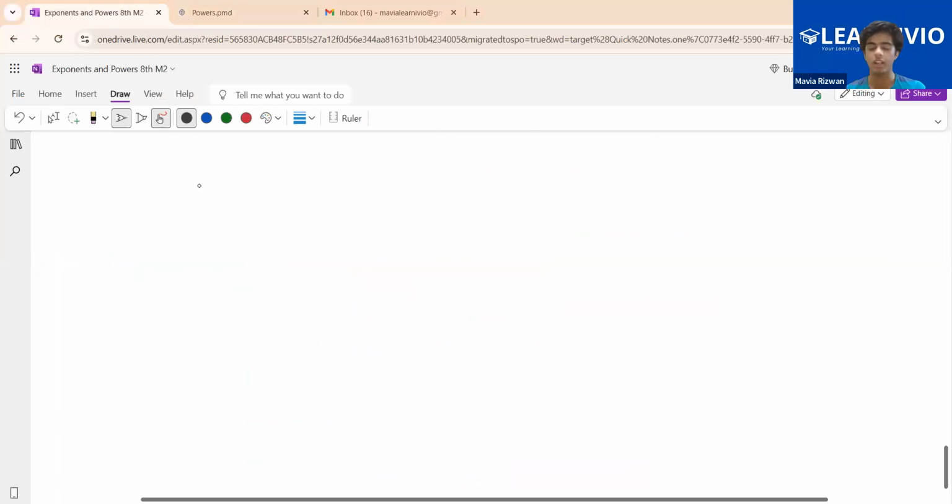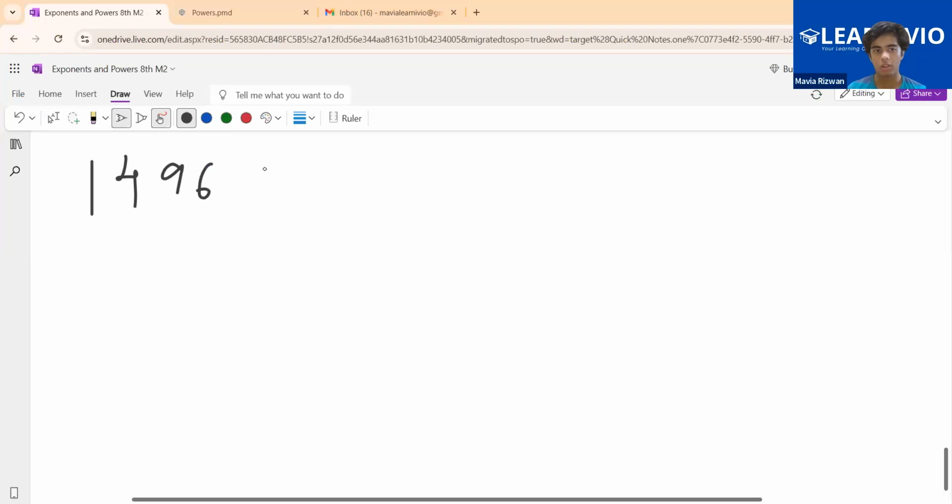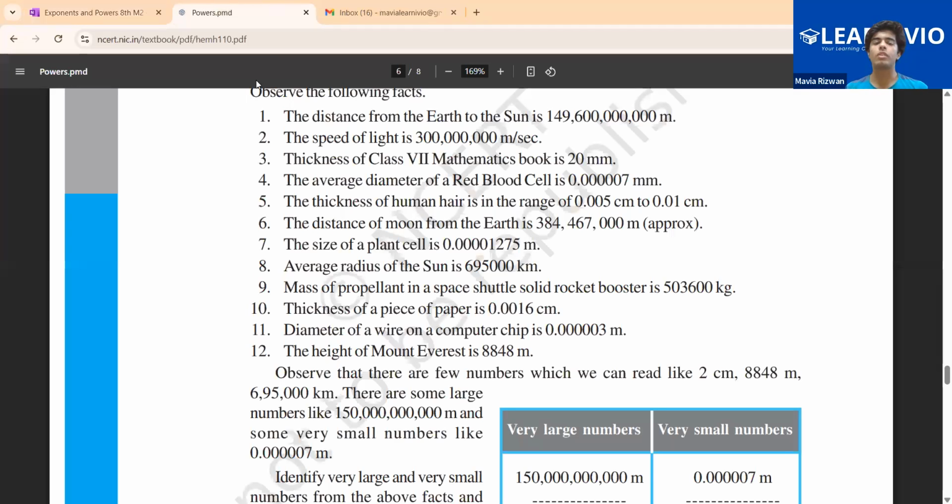All of you, please focus here. So the topic says that suppose I have a number 1496 and then zeros. Now they are saying the distance from Earth to the Sun is this.